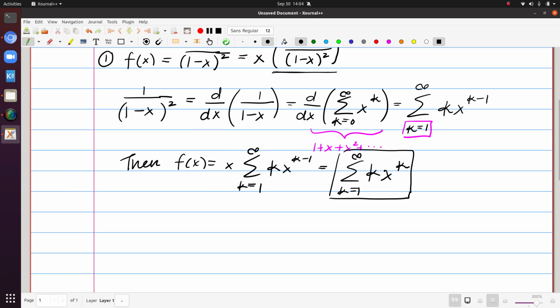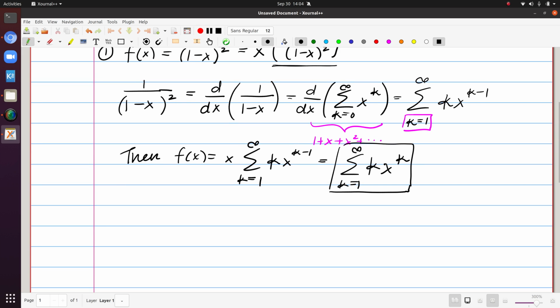I also want to address, though, why we didn't interpret this another way. So often when I do this in an in-person class, it's suggested that in trying to relate 1 over 1 minus x squared back to our known Taylor series, that this is 1 over 1 minus x times 1 over 1 minus x.